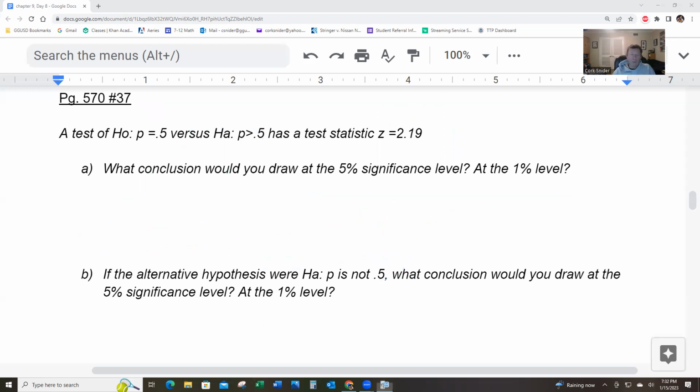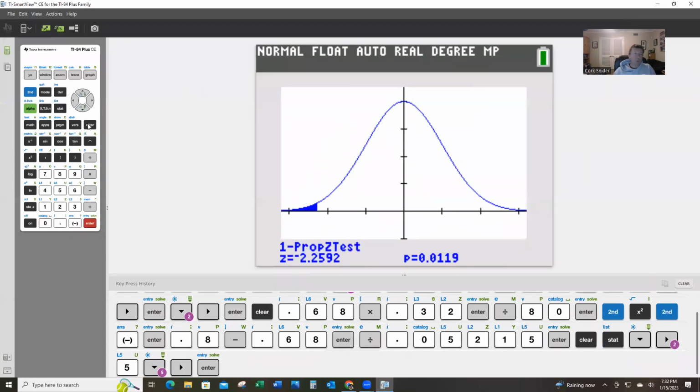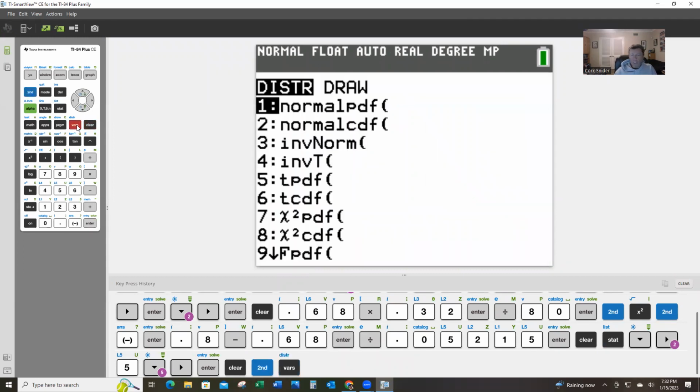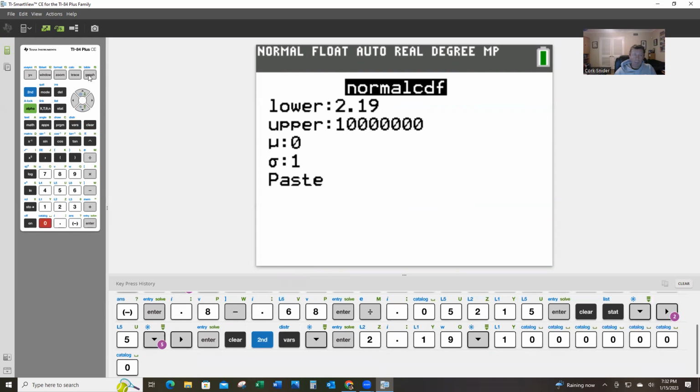So what we're going to do is go back to our calculator and back to what we learned a long time ago. We're going to go second distribution and we're going to go to normal CDF. All we're going to type in is 2.19. It's greater than. So the area above that, the upper level, is put in some infinity number.